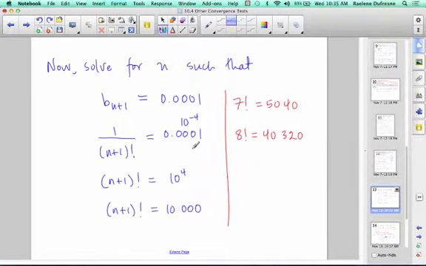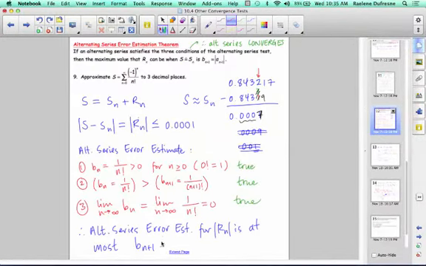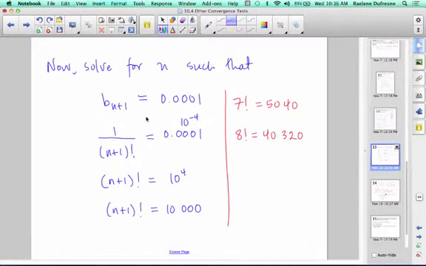So let's actually go back and use our inequalities, because I think this will make it clearer for us. For our inequalities, we knew that we want Rn to be at most Bn plus 1. So Bn plus 1 has to be at most, which means less than or equal to, this value.